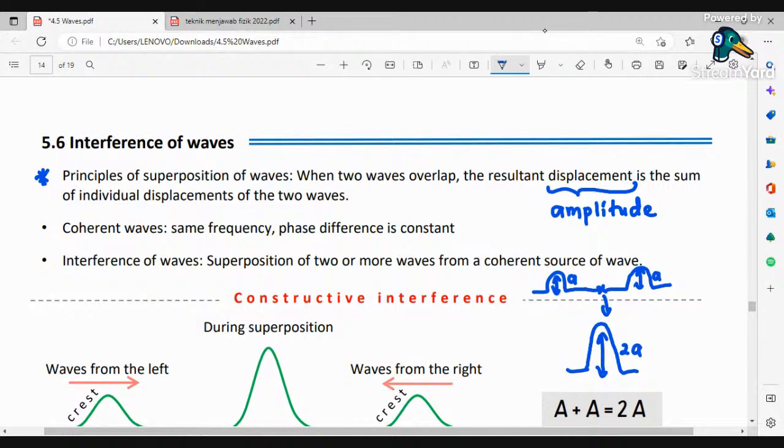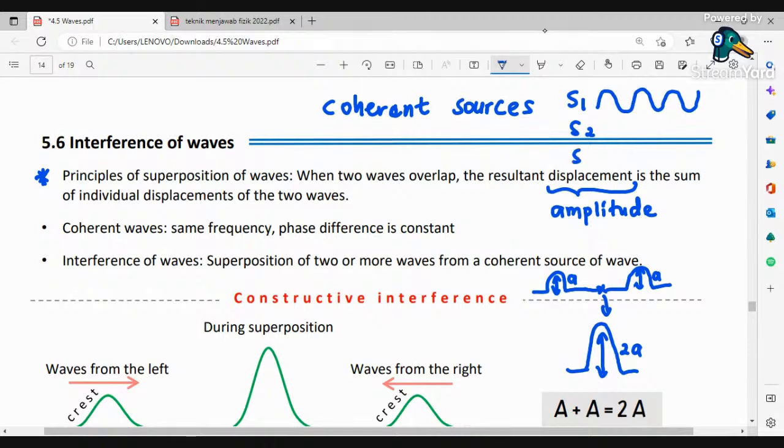Okay, let's say we have coherent sources. What is the meaning of coherence? Let's say we have coherent sources that produce waves S1, S2. This is the wave produced by S1. Okay, let's say I have another one, S3 here.